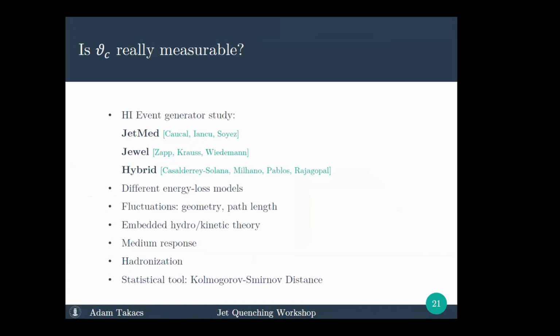So what we wanted to see is how sensitive this theta C, or this jump, is to different effects, especially to medium response, or to varying energy loss models. So we use JetMed, we use Jewel, we use Hybrid, which all have different phase spaces. They all have different energy loss models. They have some kind of fluctuation of the geometry, and all of these things are going to vary the phase space.